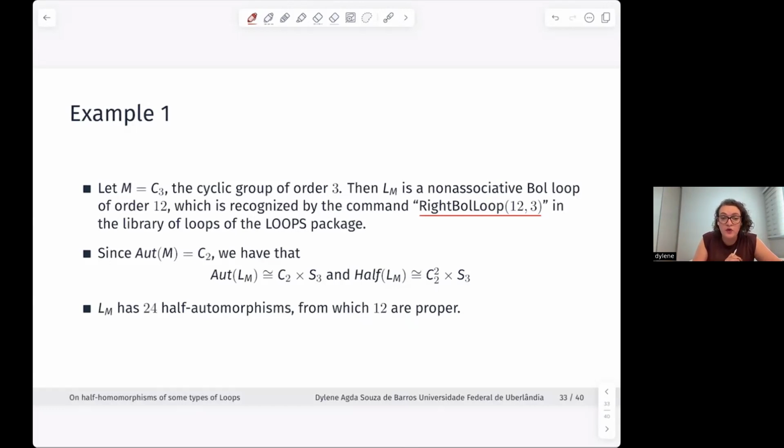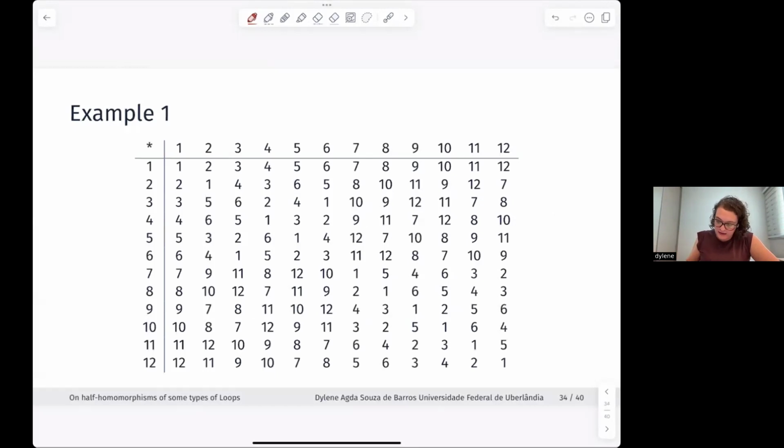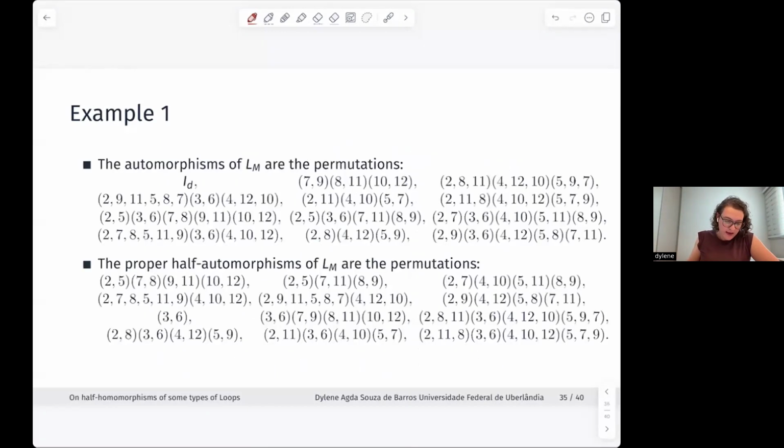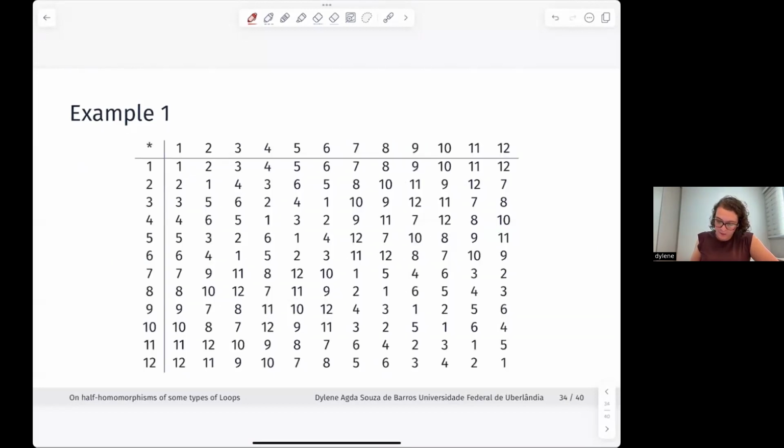So Lm has 24 half-automorphisms, of which 12 are proper. That's why we could investigate that in GAP, because the group is not very big. So that's the Cayley table for that group, and we can express all the automorphisms and all the proper half-automorphisms by permutations using that Cayley table.